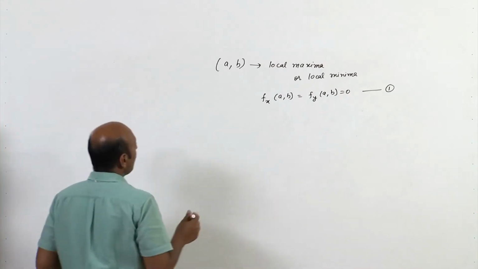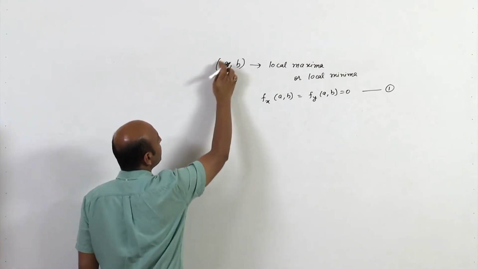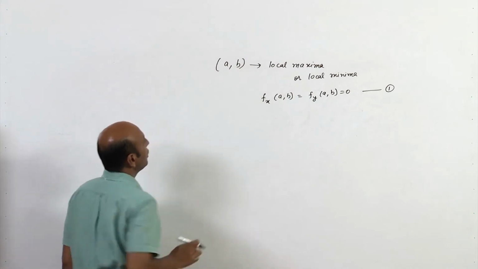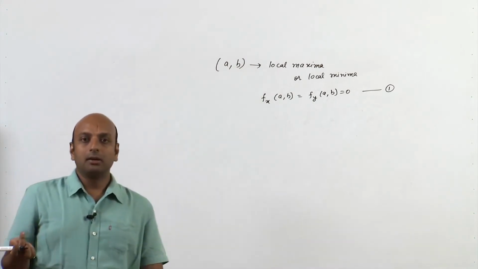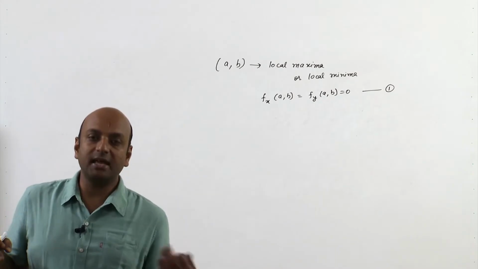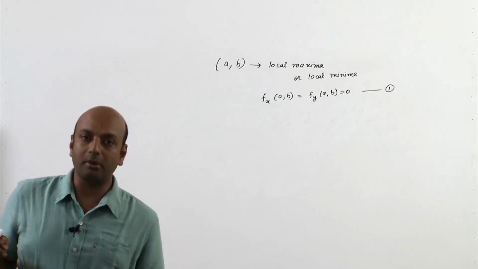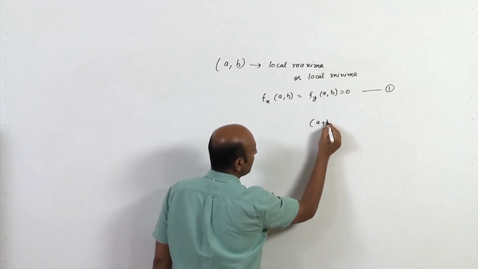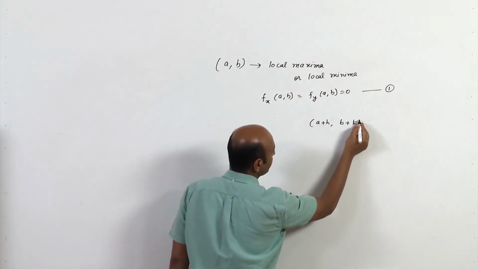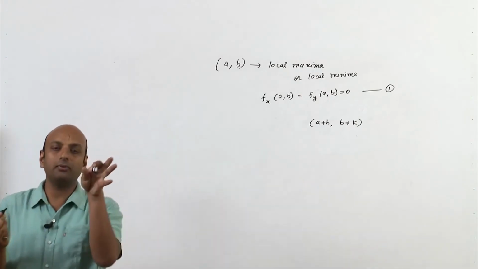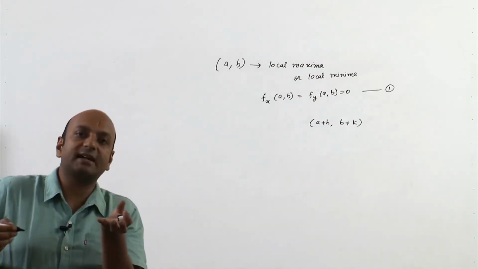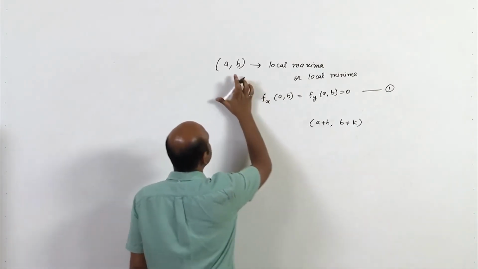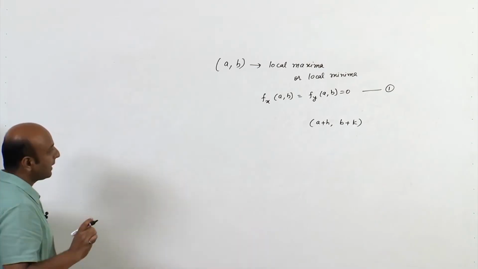Now, take a point in the open disk centered at (a,b), say (a+h, b+k), which is near to (a,b). You can always find such a point in the open disk centered at (a,b).